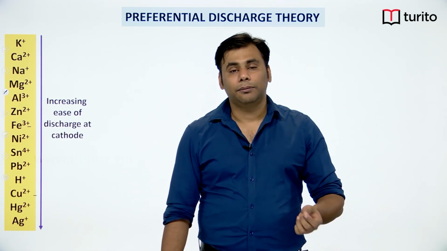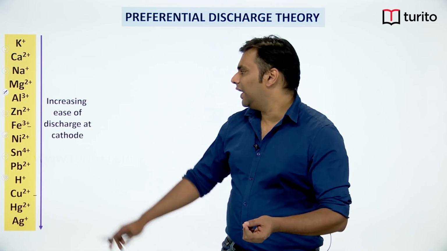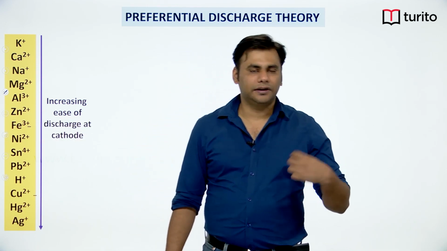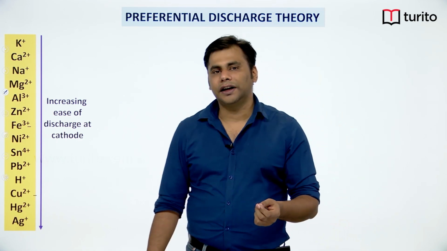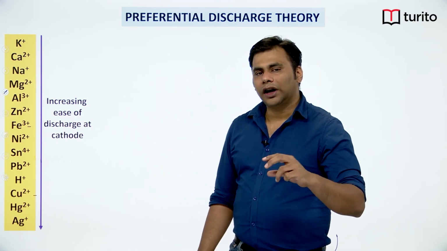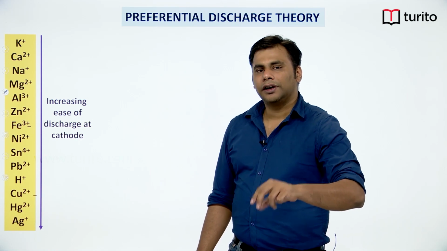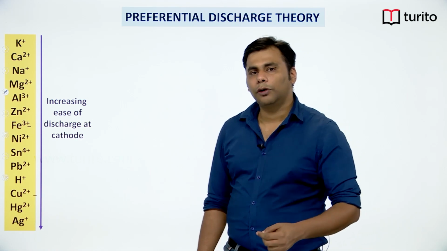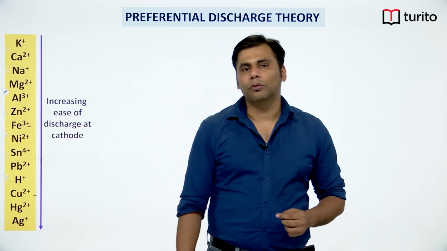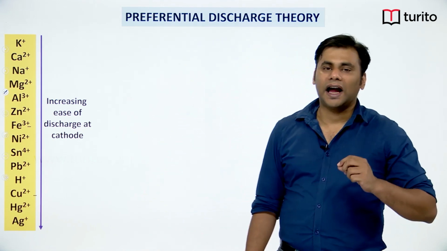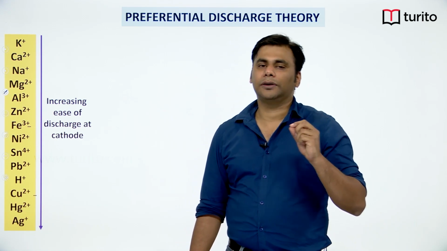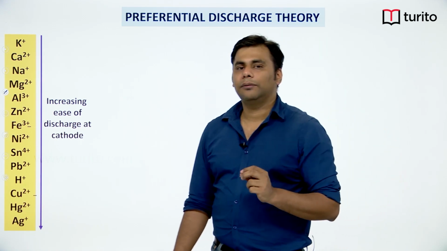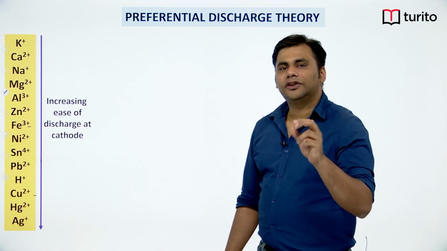Okay, so it will be easy to reduce, whereas iron 3 plus, if it reduces into iron 2 plus, we know that its reduction potential is negative. Okay, so out of the two cations, if they are present in the same solution and you pass a current, the tendency of copper 2 plus to get reduced would be more, and hence we will say that the copper 2 plus would get deposited at the cathode. Okay, so this is your preferential discharge theory.